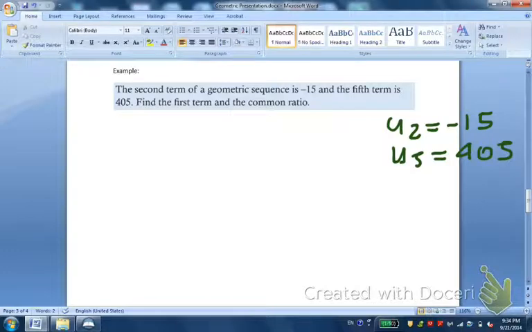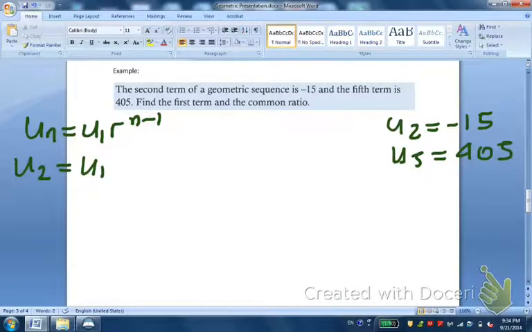We basically know the equation, which is u of n is u of 1 r to the n minus 1. Let's use the information that we have and write down the equations. U of 2 is u of 1 r to the 2 minus 1.